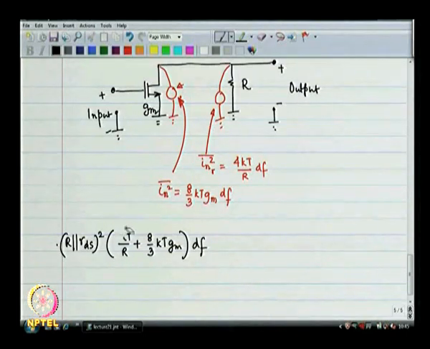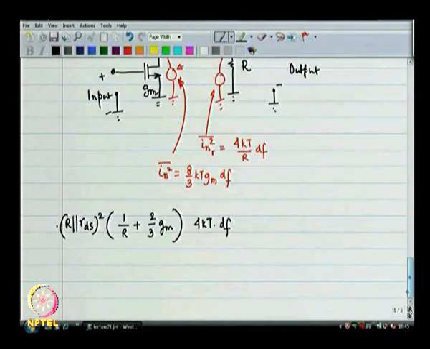So, let me just take 4 kT out of the picture. Right.